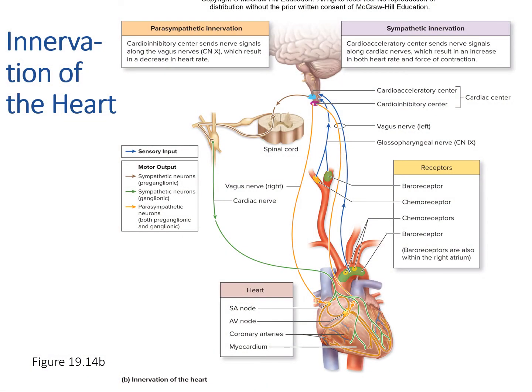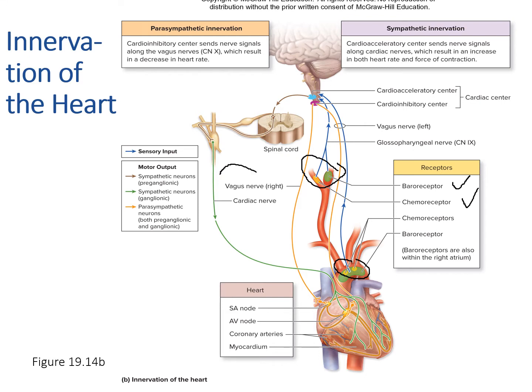Our body at the aorta and at the carotid artery monitors the baro, or pressure, and the chemo, or pH and chemicals, and sends signals to the brain and to the spinal cord.